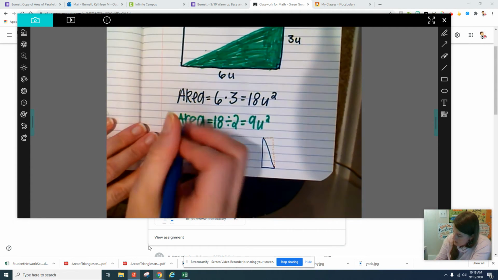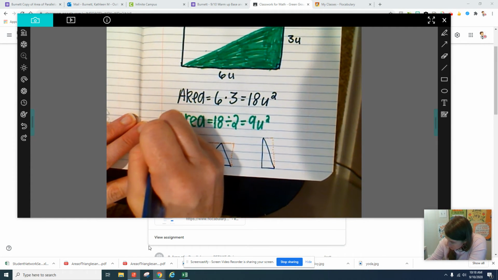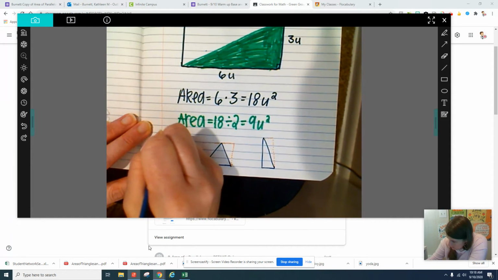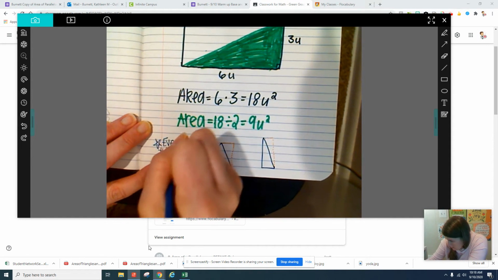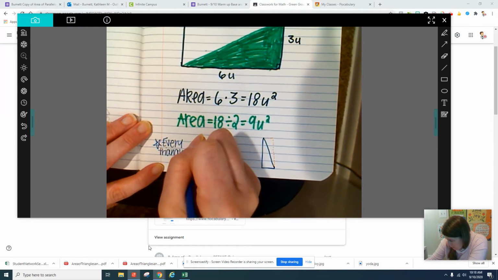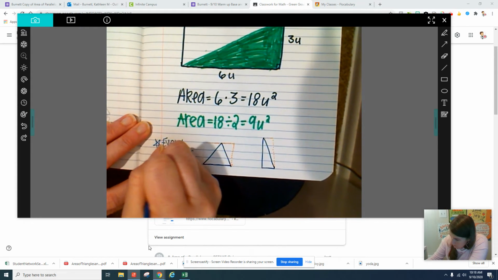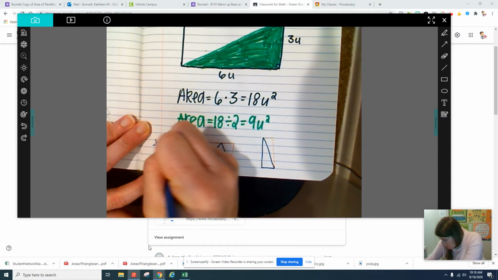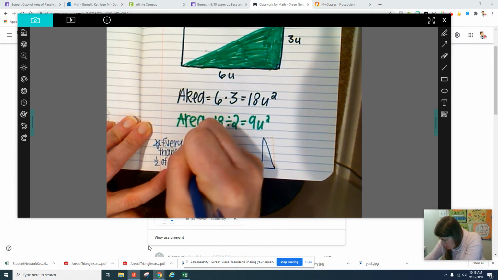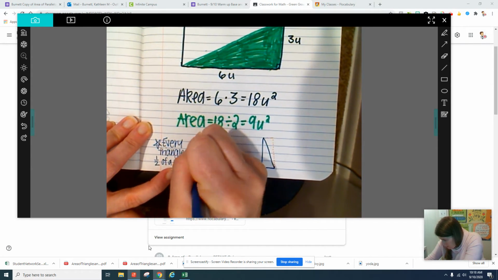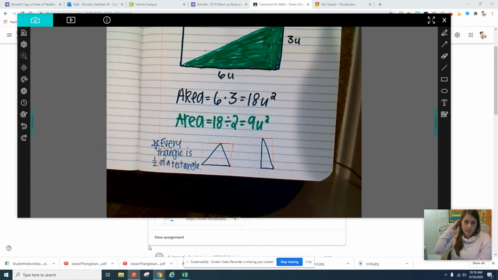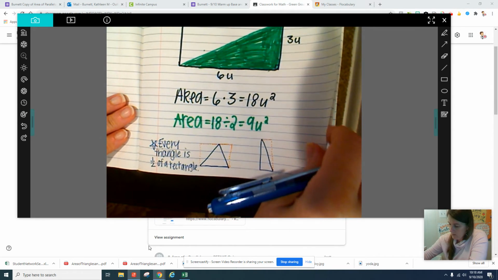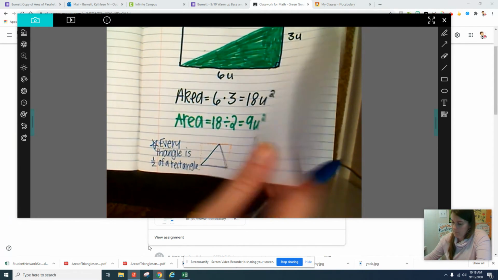All right, let's make a note over here. Every triangle is 1/2 of a rectangle. Okay, I'm going to turn the page. If you have more space, you can keep working right there. Remember, you can always pause it, okay?